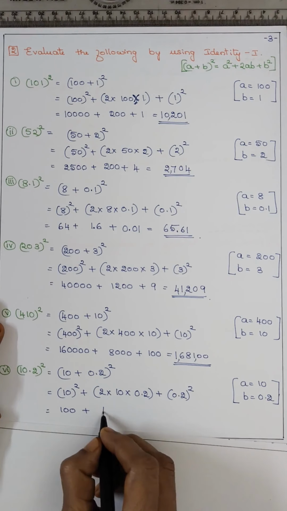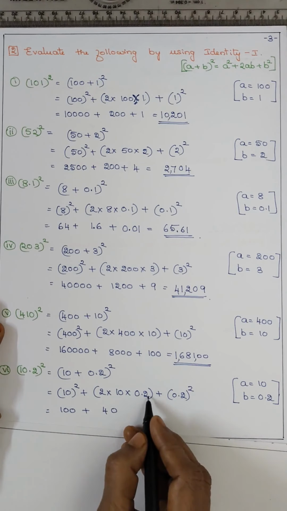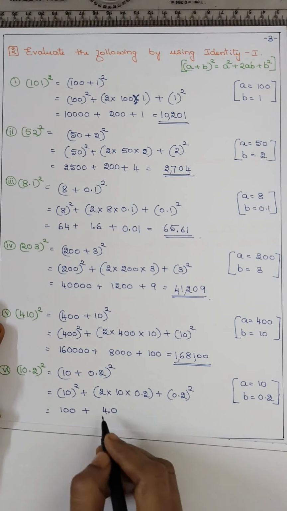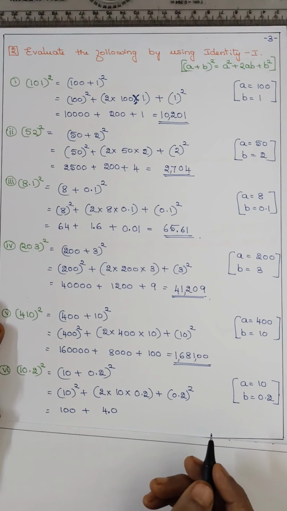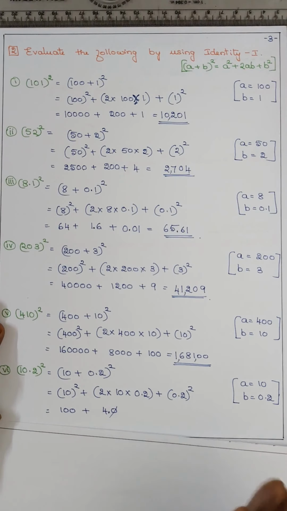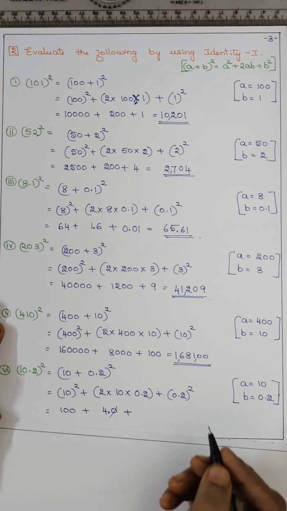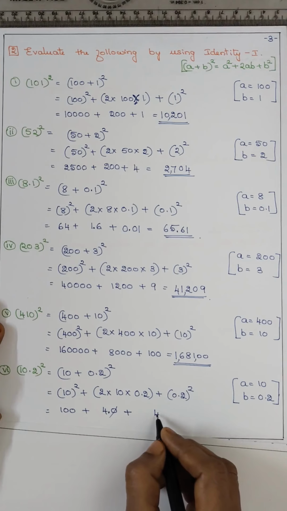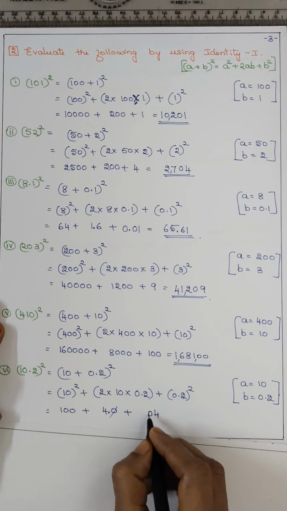4 10s are 40. Now 1 decimal, that means from right side 1 place छोड़कर decimal डालो. 4.0, that means 0 is cancelled, it is 4. Plus 2 2s are 4, 1 decimal, the square will be 2 decimal.